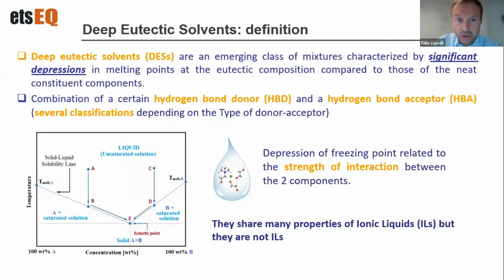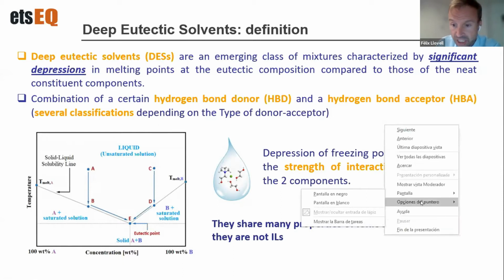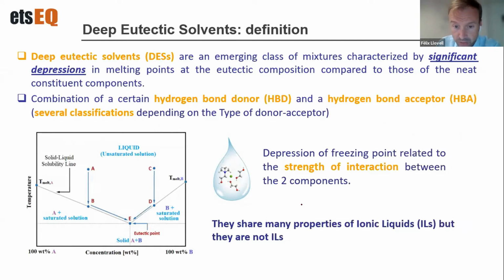So deep eutectic solvents are, as mentioned, an emerging class of mixtures which are characterized by significant depressions in melting points at the eutectic composition compared to those of the pure constituent components. So the idea is that we have a mixture, and this is the first point that we want to highlight.